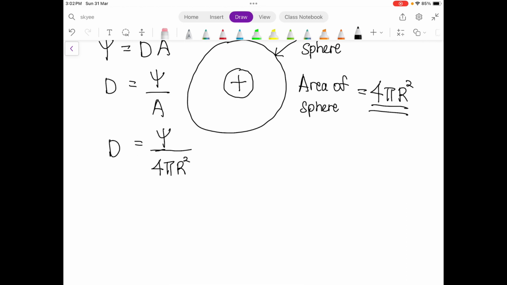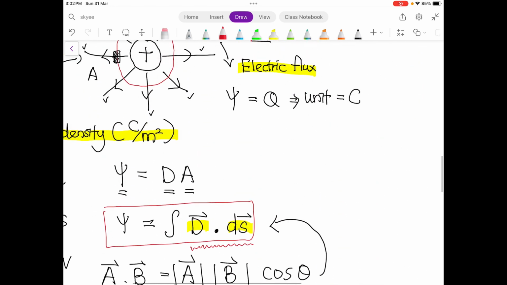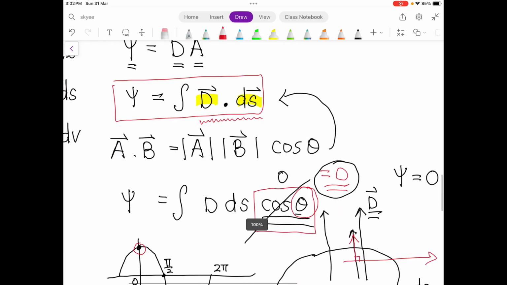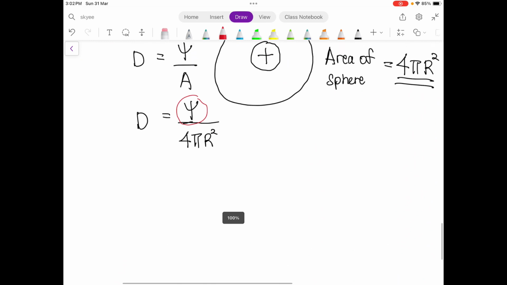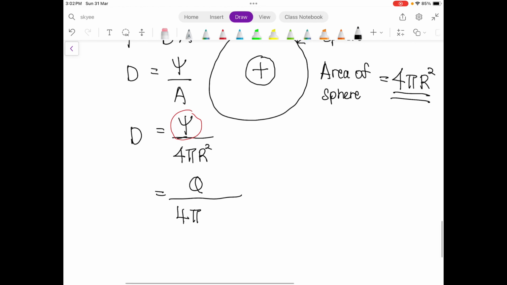And this Q, if you remember, I talked about earlier, this electric flux is equal to Q. So you could rewrite these equations to be D equals Q divided by 4 pi r square.